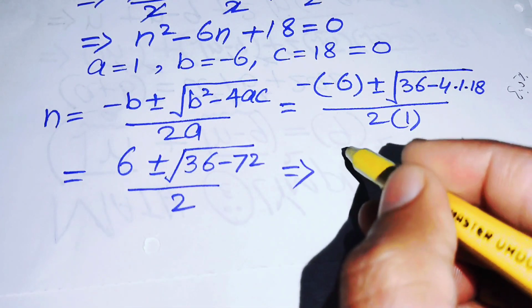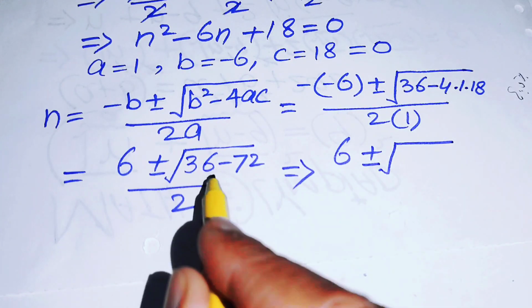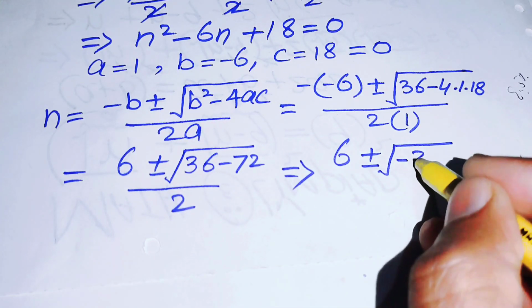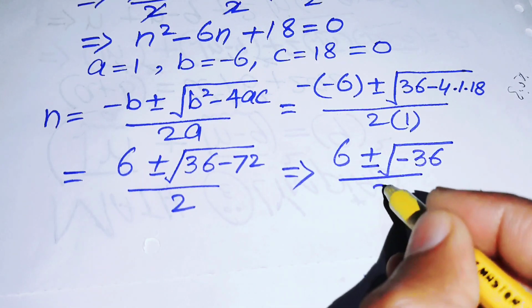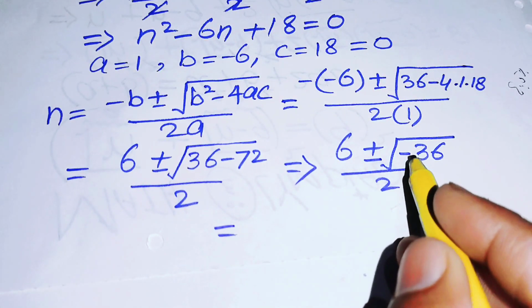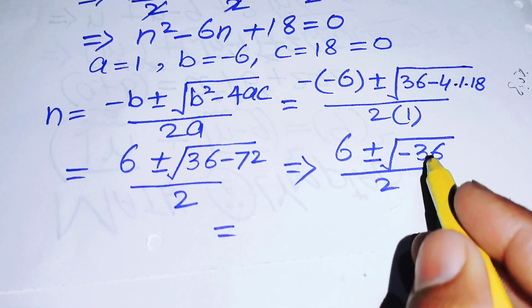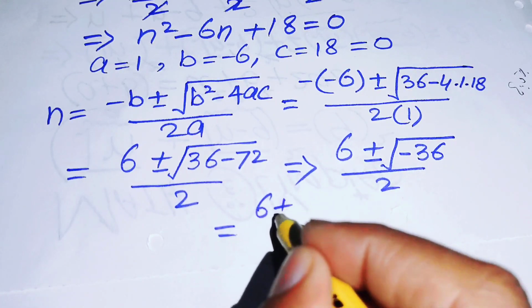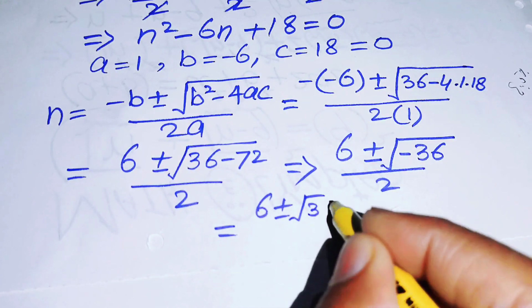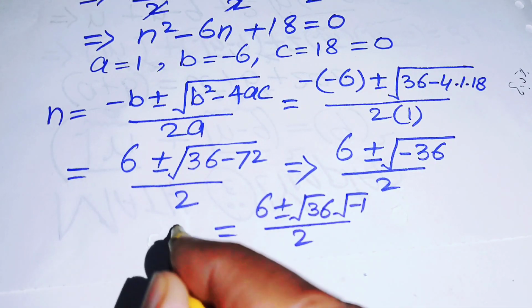And now we simplify this equation, and we get (6 ± √(36 - 72)) / 2, which becomes (6 ± √(-36)) / 2. Here we separate the negative sign and the square root of 36, and it becomes √36 times √(-1), divided by 2.